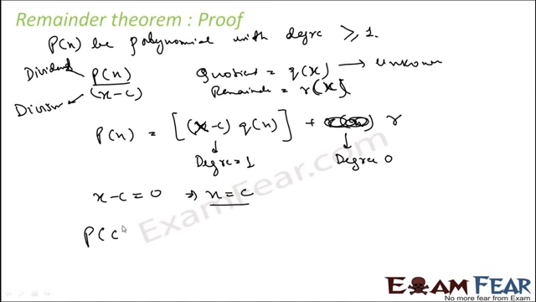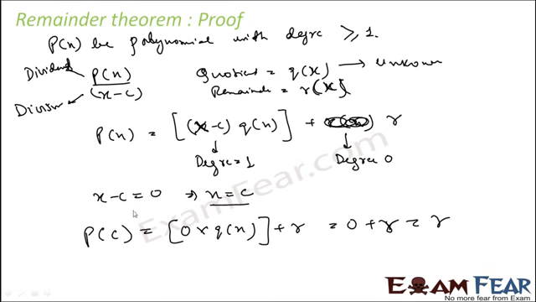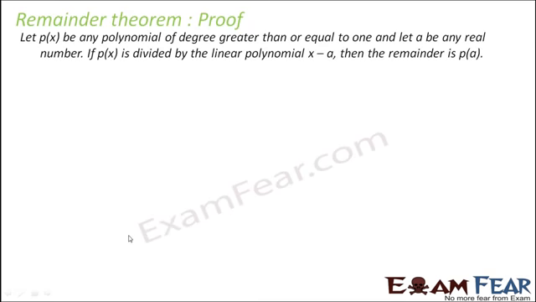So if I find p of c, that will become nothing but x minus c is 0, 0 into q of x plus r. That is 0 plus r, that is r. So as per this logic, p of c will give me the remainder. As we just proved, this is the remainder theorem.